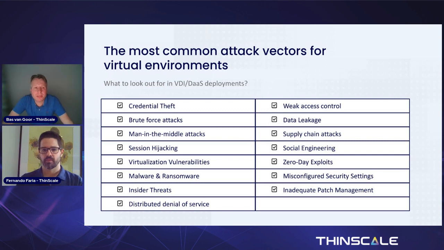Yeah, excellent question. So as you can see, I've got a couple on screen and listed the most common ones that we see, but I'll pick a few and go a little bit more in depth on those. So, for example, malware and ransomware. What is the attack vector of malware and ransomware?